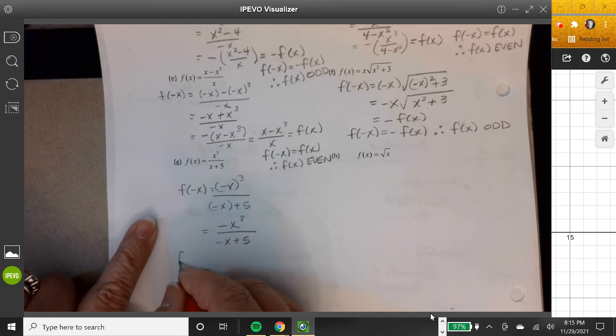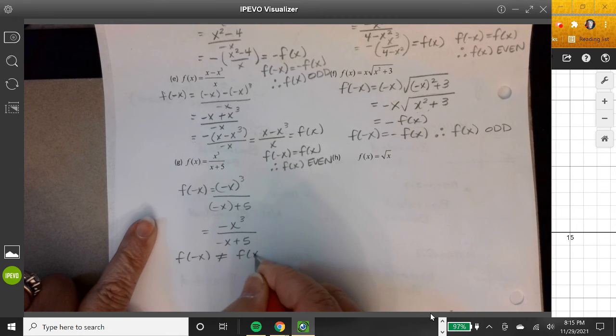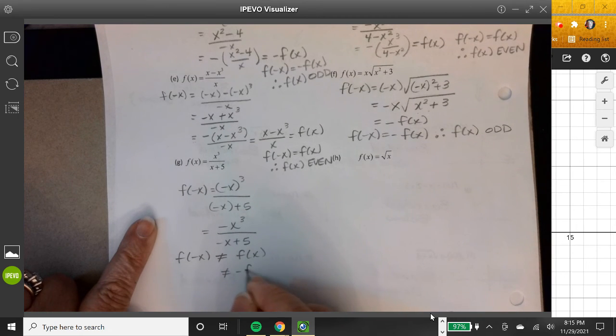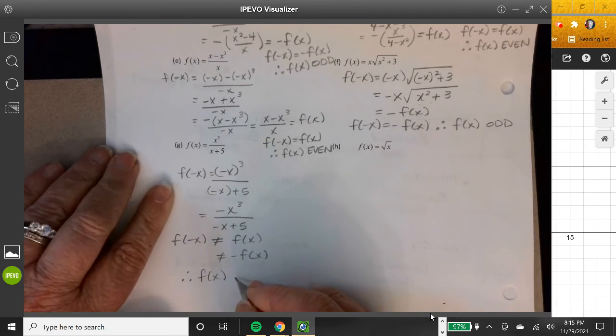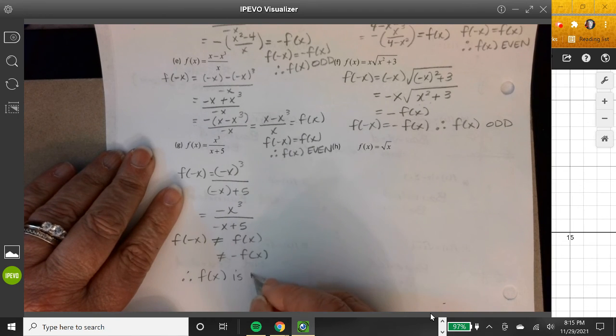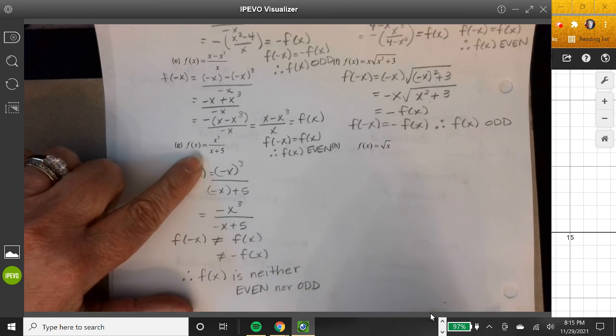So I'm going to say f of negative x is not equal to f of x, and it's not equal to negative f of x. Therefore, f of x is neither even nor odd. So I couldn't get back to the original.